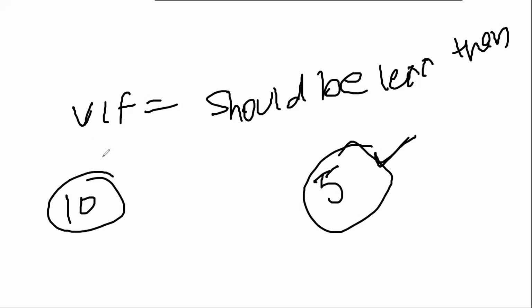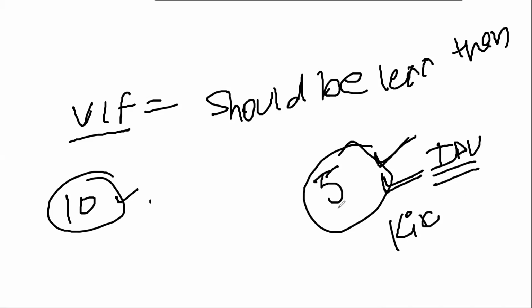If your VIF is less than 10, then you can accept that variable. But nowadays, many researchers and publications accept VIF up to 5 only. If your VIF is up to 5, then you can keep that IDV. Otherwise, you have to kick out that IV if it is greater than 5.